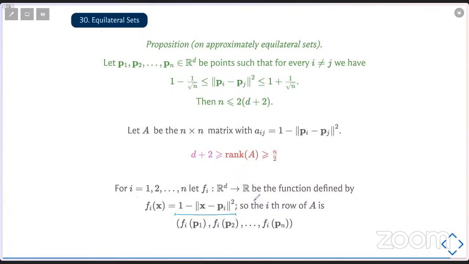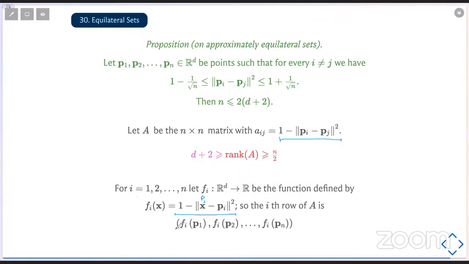Notice that if you plug in some Pj into Fi, then the expression that you get is exactly the Aij entry. So if I plug in Pj into Fi, then I get 1 minus Pj minus Pi squared.